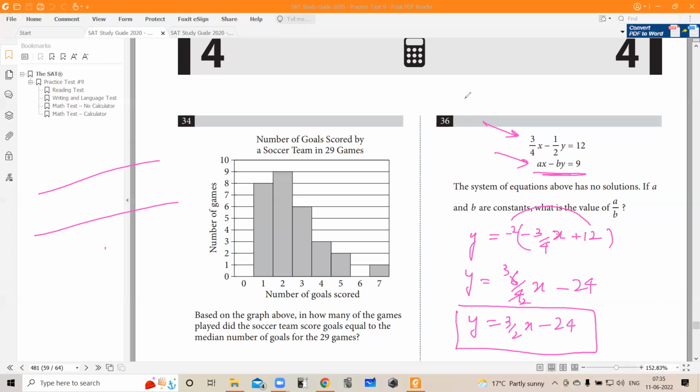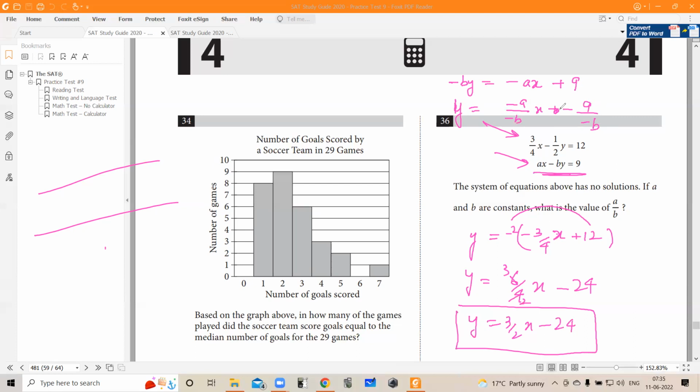Now, can you check out the slope of the second line? So y is equal to −a divided by −b times x plus 9 over −b.